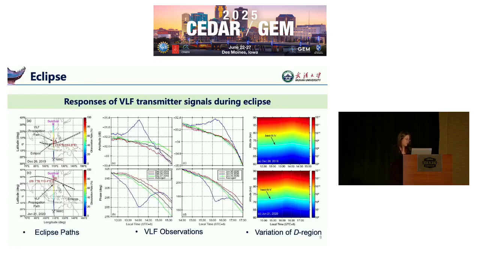And the eclipse: both the amplitude and the phase can be influenced by the eclipse. So we can use the model and observation to see the variations of the region.